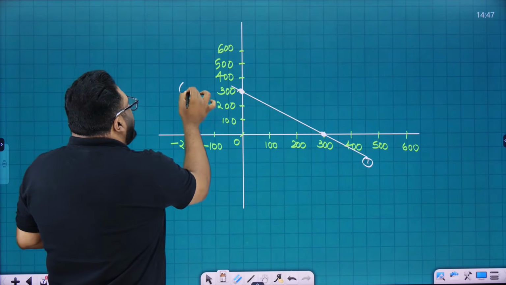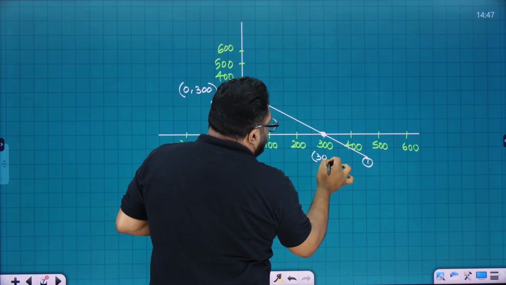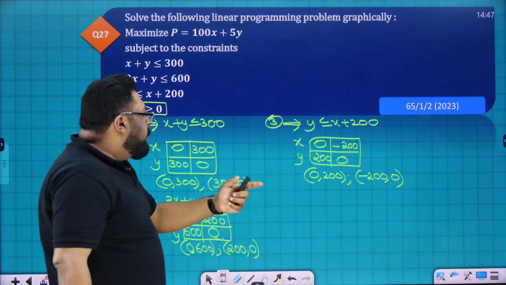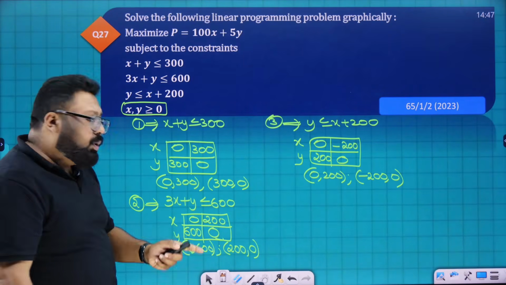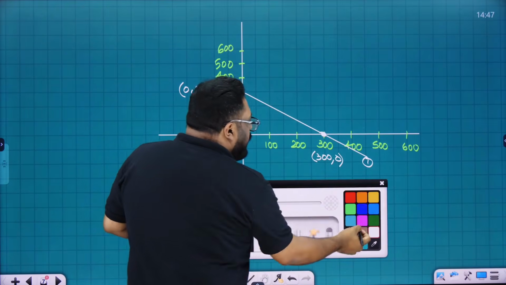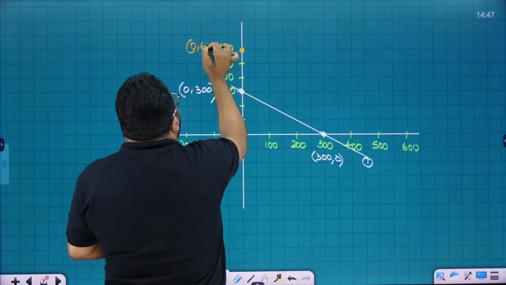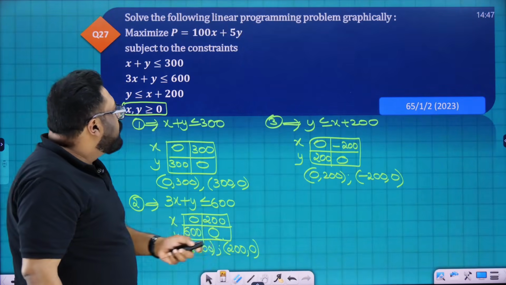Zero, 300 to 300, 0. Second line, my dears: 0, 600 to 200, 0.